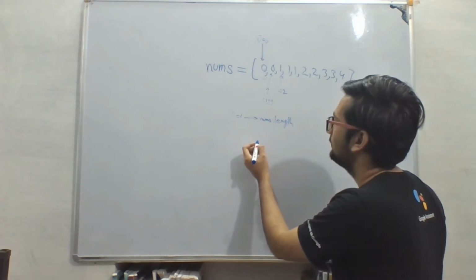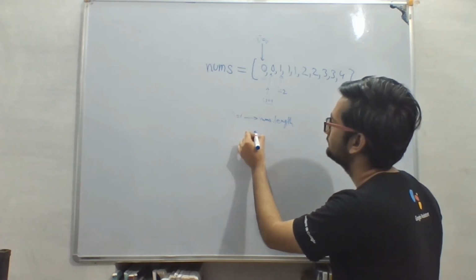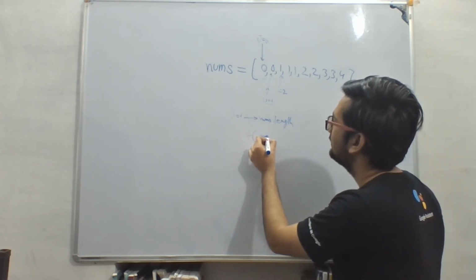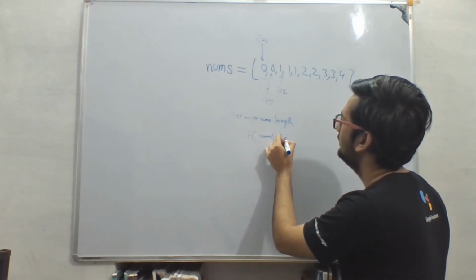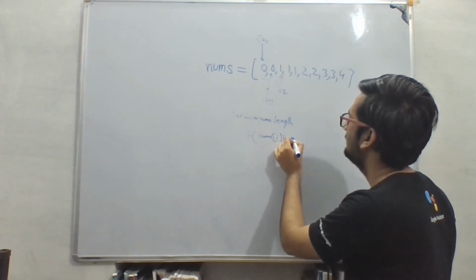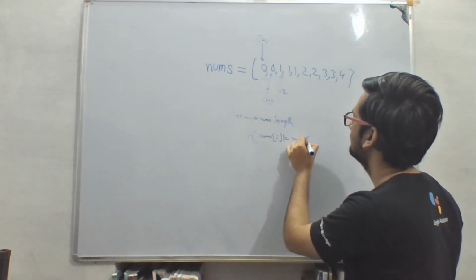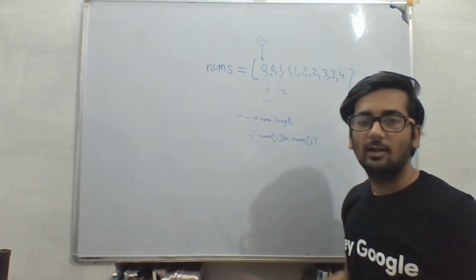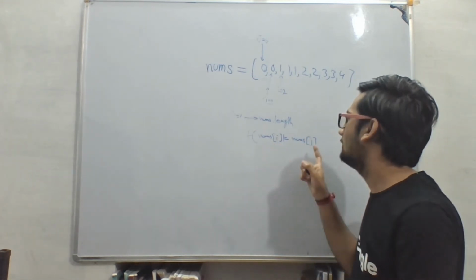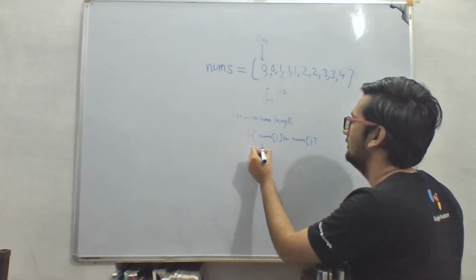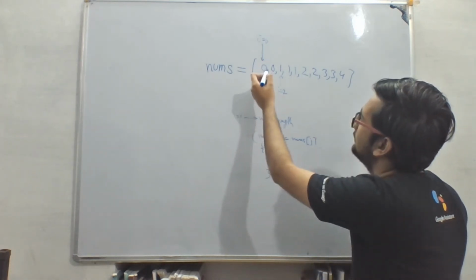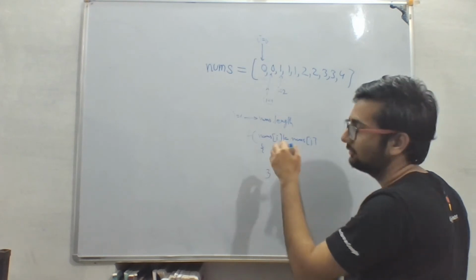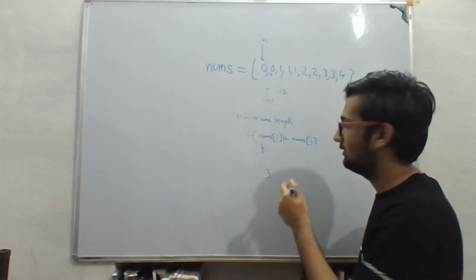So what we will do: if the element at ith is not equal to the element at jth, we will replace the next element of the jth.